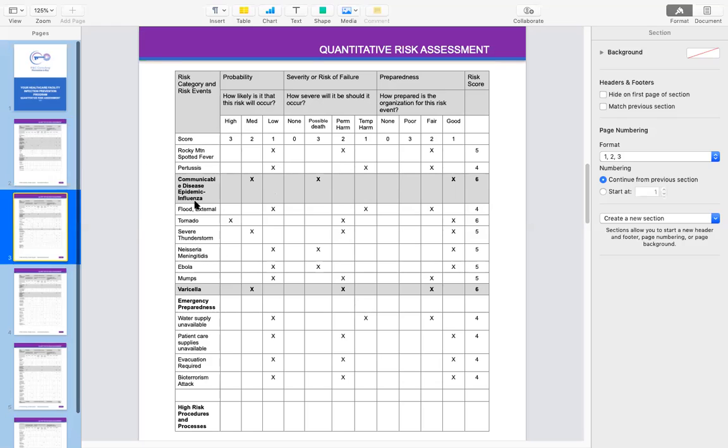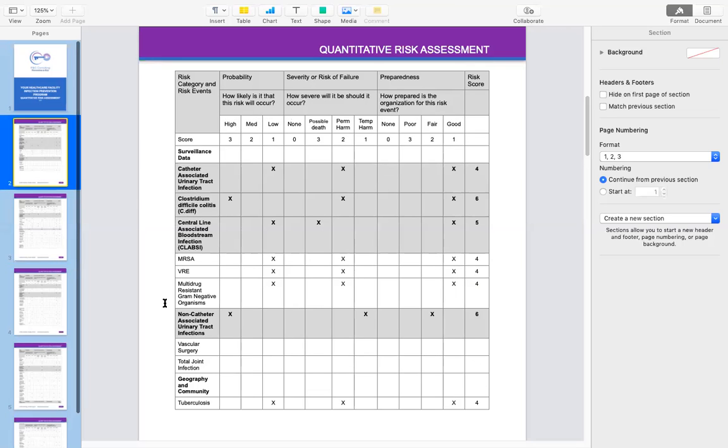And so I want to talk about, since we are in a pandemic right now, where you need to add that in your risk assessment. And so I would add it right here under communicable disease epidemic. Actually, it's right here. Let's see.